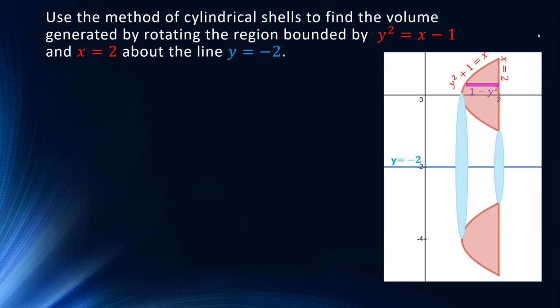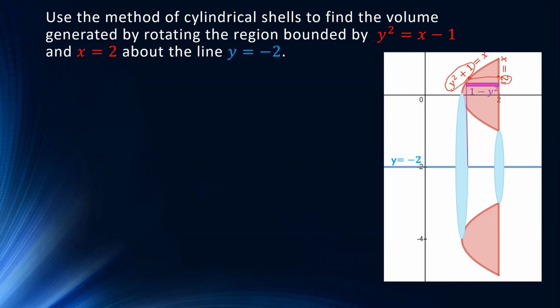So let's take a look at the height of that. That would be from here minus here. Here would be x equals 2 minus y squared plus 1. So 2 minus y squared plus 1 is 1 minus y squared. That's the height of that rectangular strip, which is the height of our rectangular prism once we open it up.